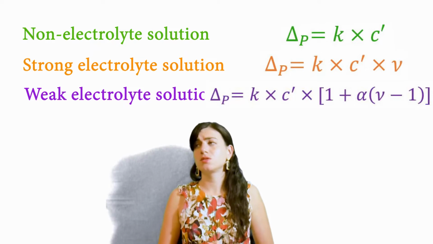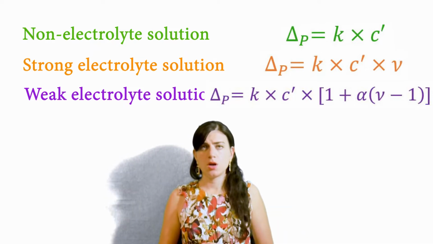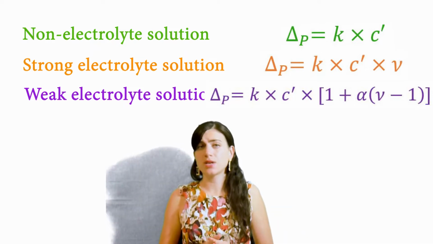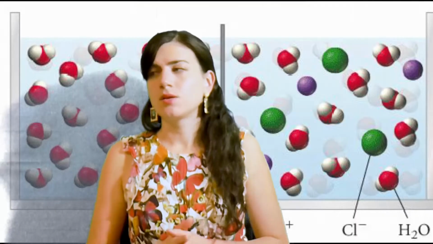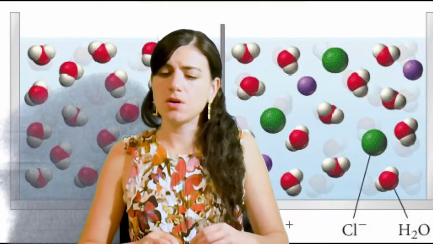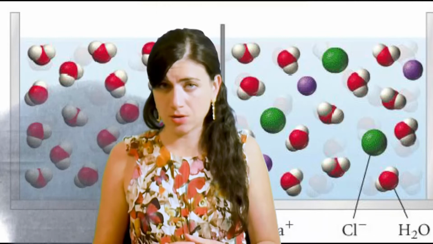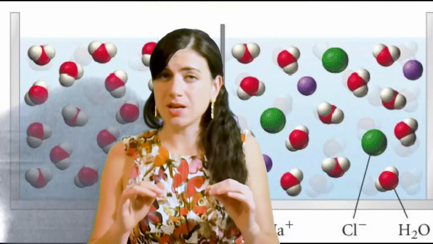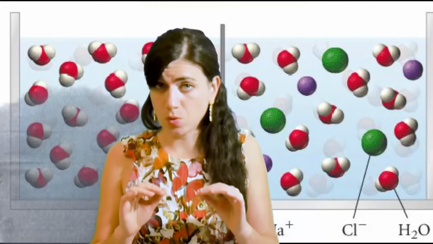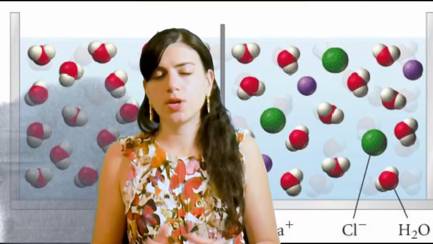Be careful because these three equations we have seen are valid only for dilute solutions. Why? Because in the case of highly concentrated solutions, some phenomena, for example, association of ions, will change the real concentration we have there. Let's do an example.